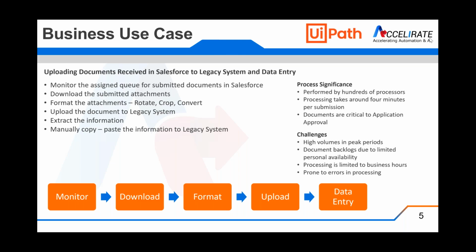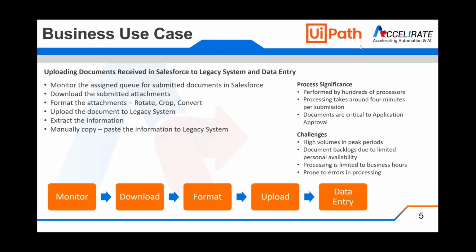The processing of these documents is critical to application approval, and the current challenges with the manual process are high volumes in peak periods, processing backlogs due to limited personnel availability, processing limited to business hours, and manual processing being prone to errors.